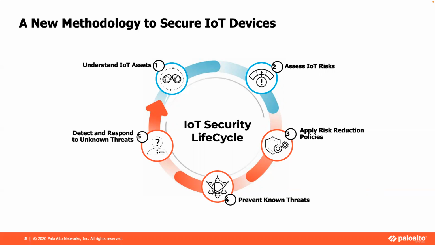And then we assign risk levels based on experience, machine learning and AI, and say, what are the risks of this device? If this device is my thermostat, the risk level might be kind of low. The worst thing it can do is turn off my air conditioning.